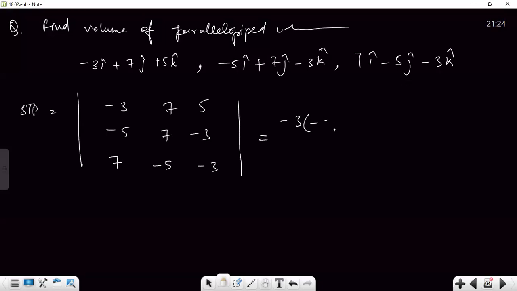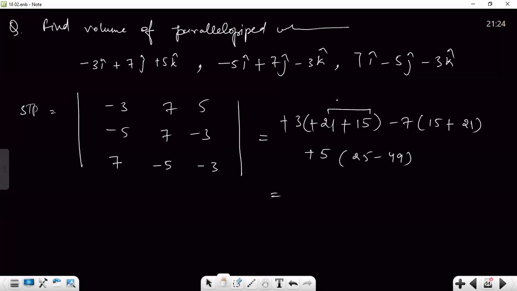Minus 3 into minus 21 minus 15, minus of 7 into 15 plus 21, plus 5 into 25 minus 49. Everything is plus. 21 and 15 make it 36. 36 into 3 is 108. This makes it 36 as well.